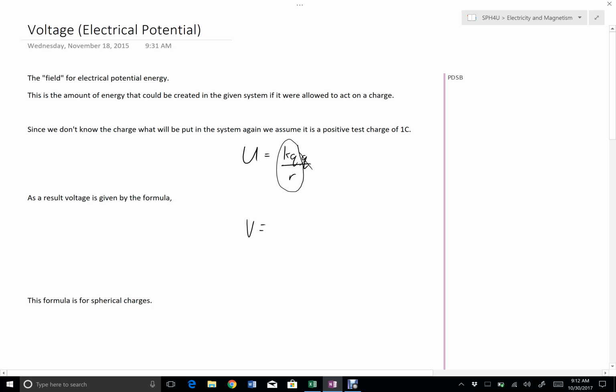So our voltage is going to be KQ over R, and then we have our secondary equation to change voltage into potential energy: the potential energy is equal to the voltage times the charge.